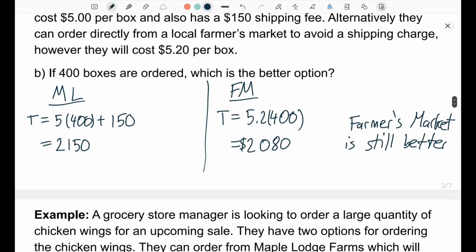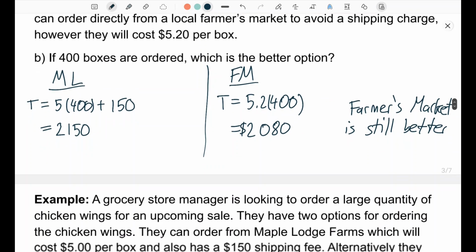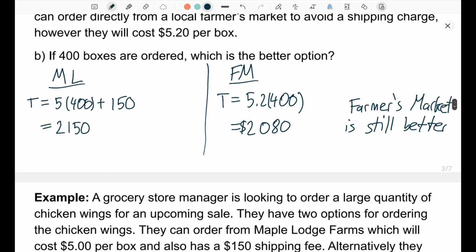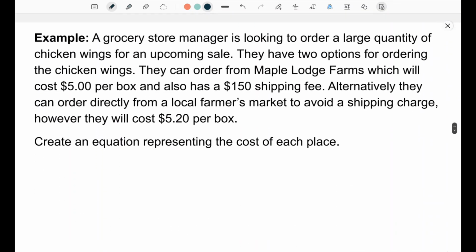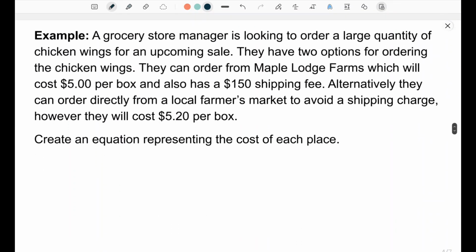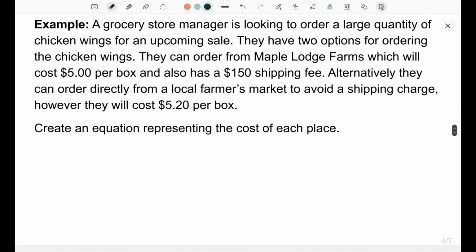If we were to keep adding more and more boxes, that price would get closer and closer, and eventually you'll end up getting the same price in total. That's what we want to find out: when does that occur, when they're the same price? But before we get to that, let's create a general equation for both of the situations.